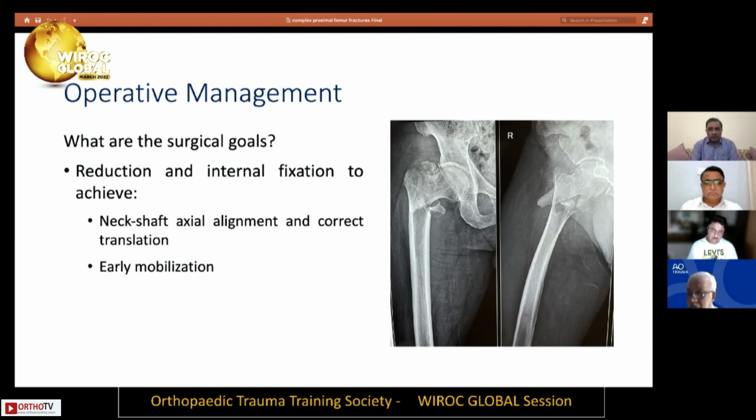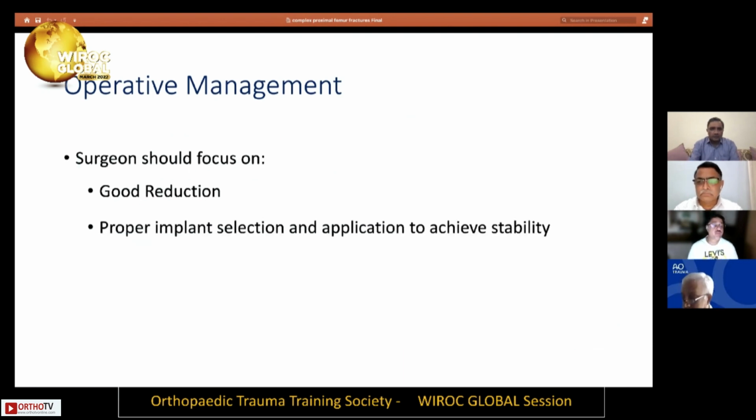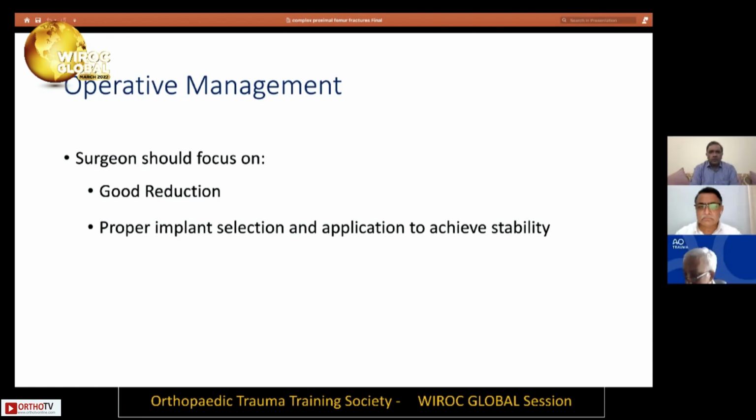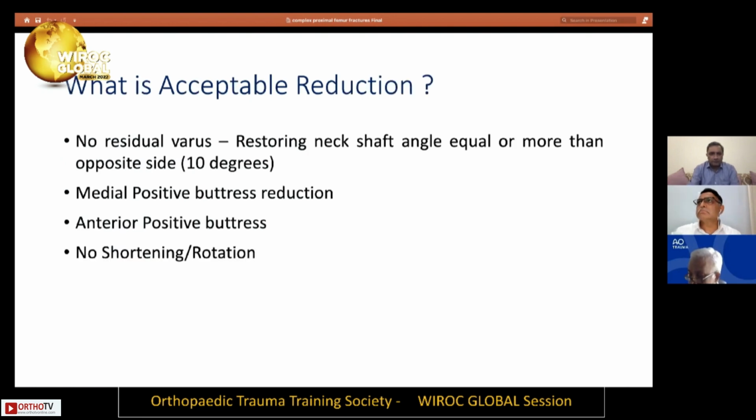The consequent benefit of achieving a good reduction and a stable internal fixation is that we can mobilize the patient quickly. So based on these discussions, the surgeon should focus on achieving a good reduction, then selection of a proper implant, and then application of that implant to achieve stability.